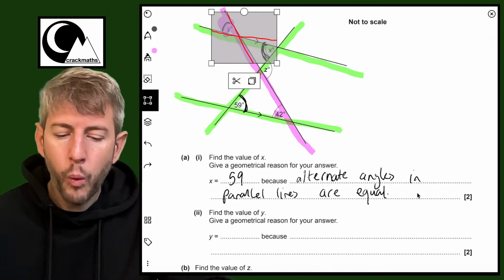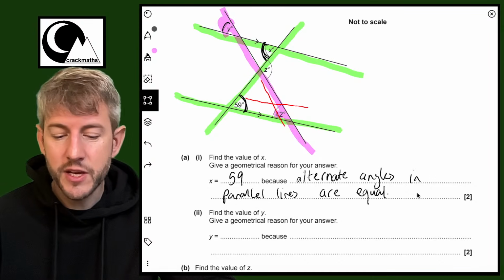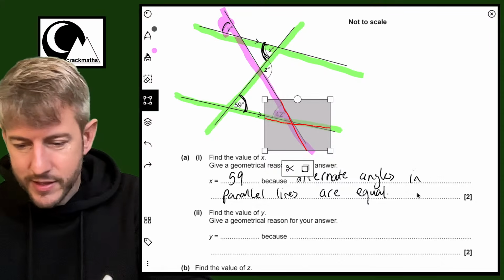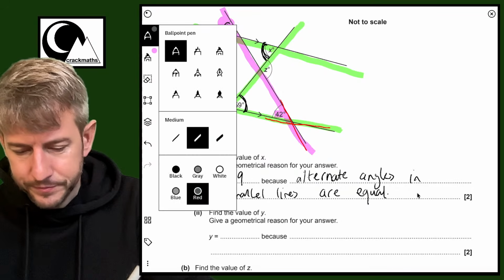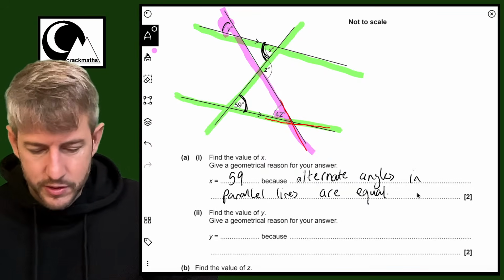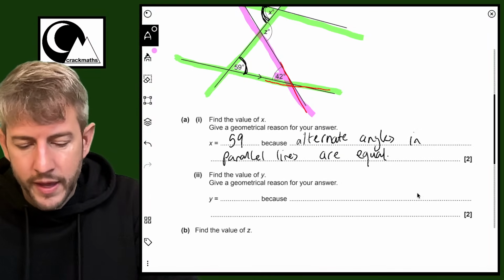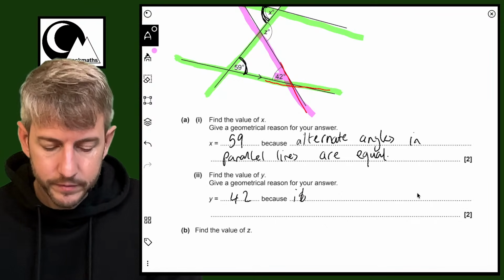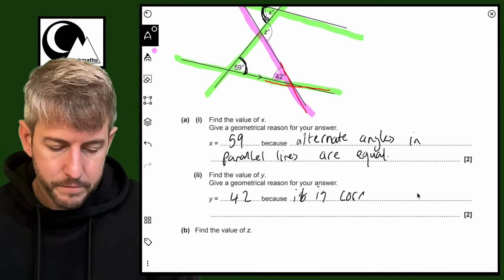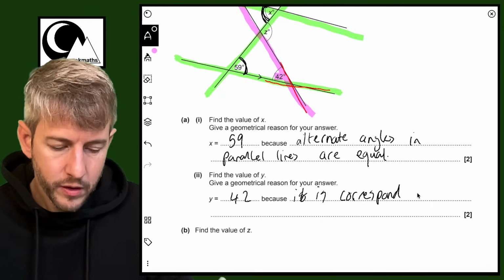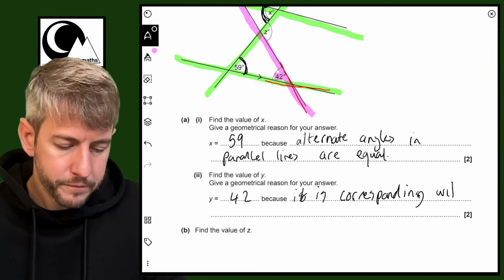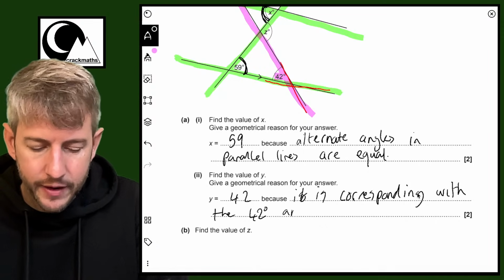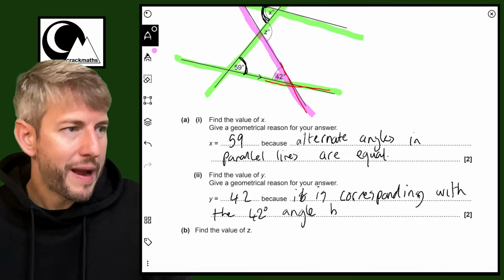So y is corresponding to 42 because the parallel lines mean that the situation is the same. Let me write that down, because that will be our answer: y is equal to 42 because it is corresponding with the 42-degree angle because of the parallel lines.